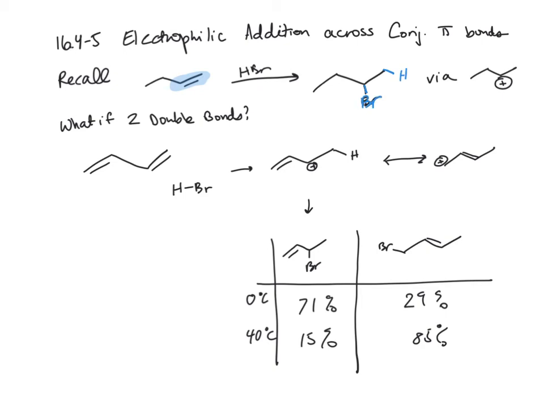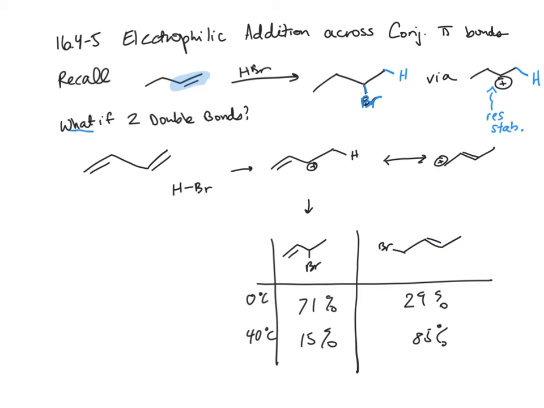And that's because in the first step, when the pi bond picks up a proton, it has to leave behind a carbocation, and that carbocation is better resonance stabilized at the secondary carbon in this case versus that primary carbon.